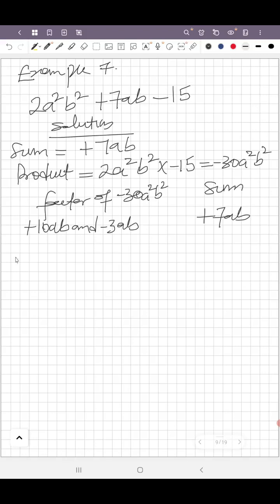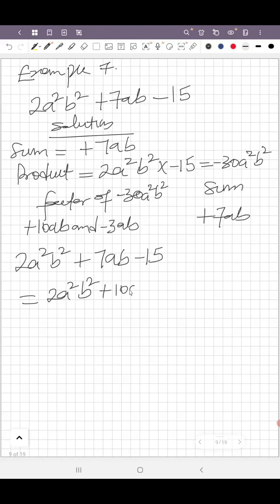So now, instead of writing 2a squared b squared plus 7ab minus 15, you will now write 2a squared b squared plus 10ab minus 3ab minus 15. So you split it into two. What's common here? 2ab is common. Yes.